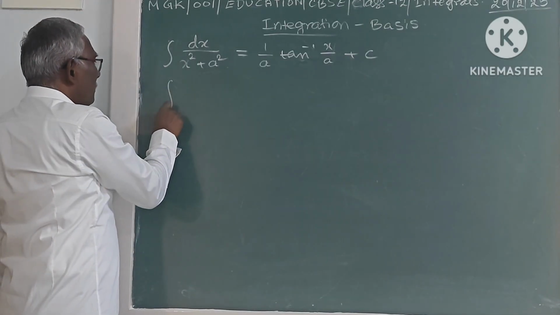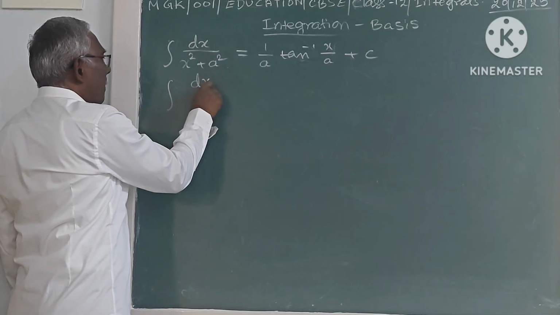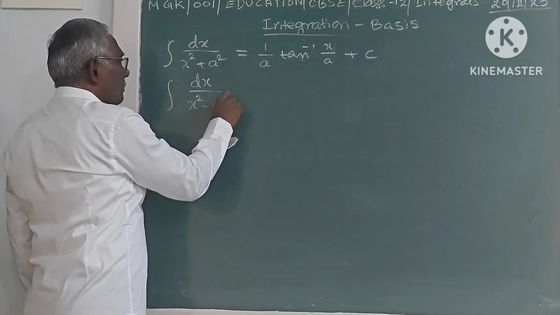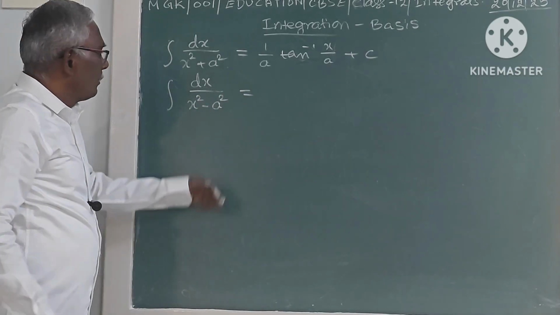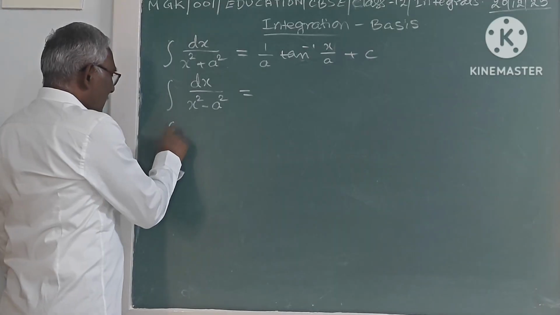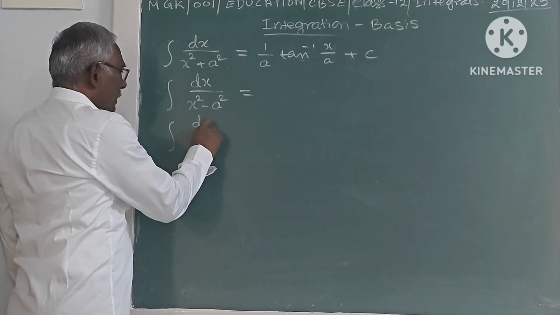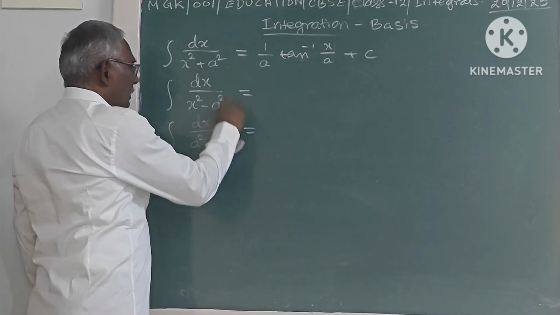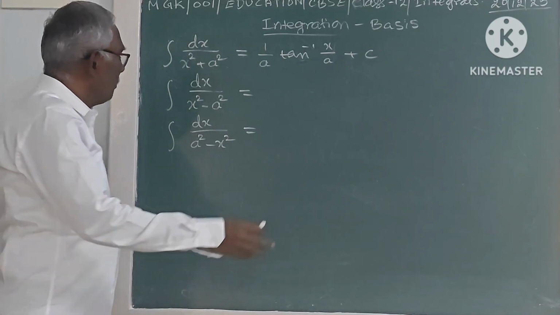Then the same thing, integral dx by x square minus a square and integral dx by a square minus x square. For these two integrals, 1 by 2a will come.